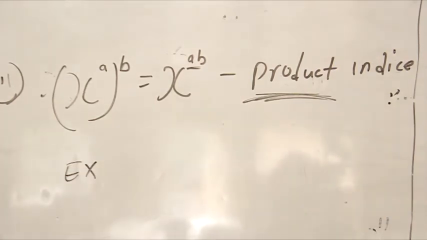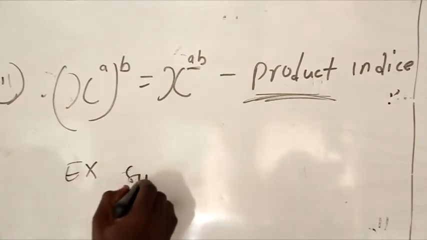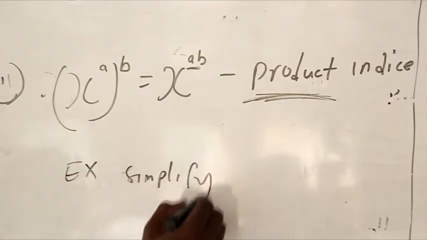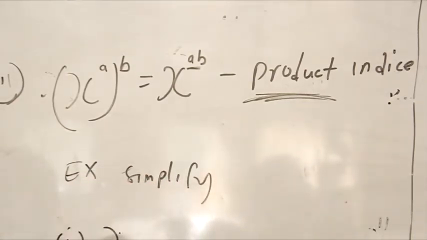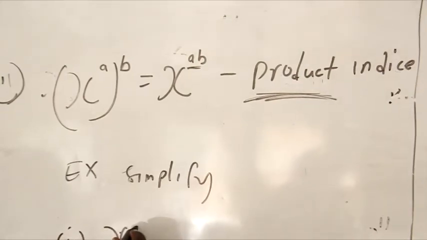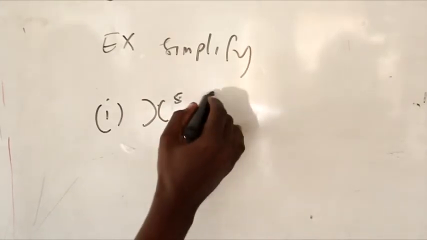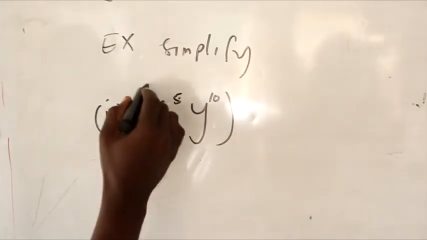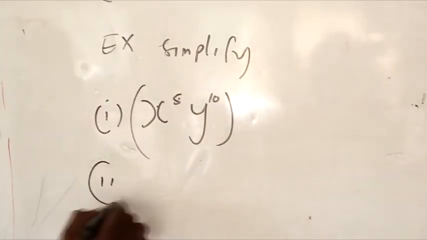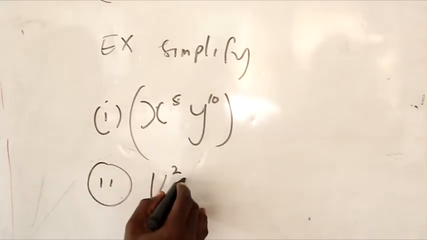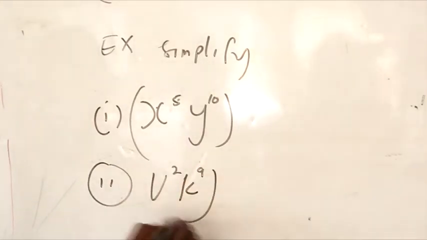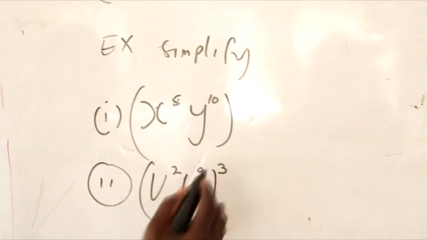In case you have a situation like this, simplify x raised to the power of k, y raised to the power of 10, all raised to the power of 5. You can have another one like this, v raised to the power of 2, k raised to the power of 9, all raised to the power of 3.